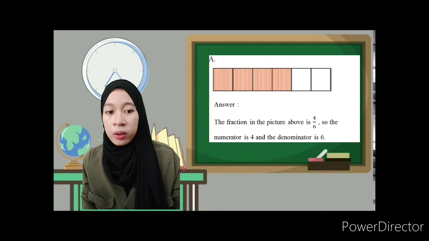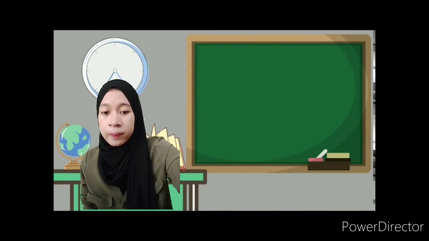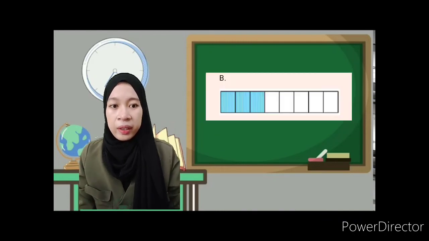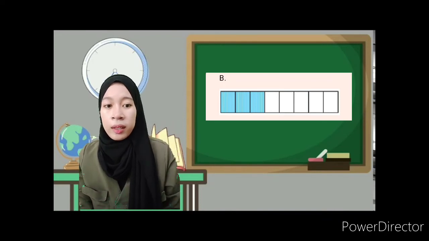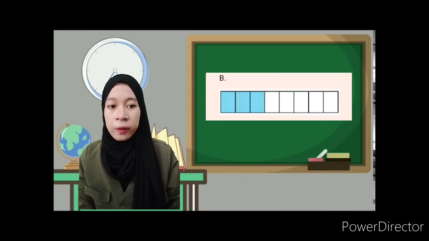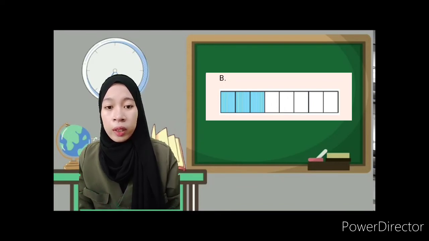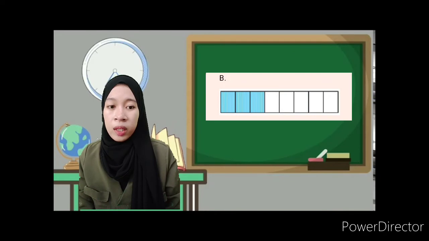So the numerator is 4 and the denominator is 6. Answer: the fraction in the picture above is 3 over 8. So the numerator is 3 and the denominator is 8.